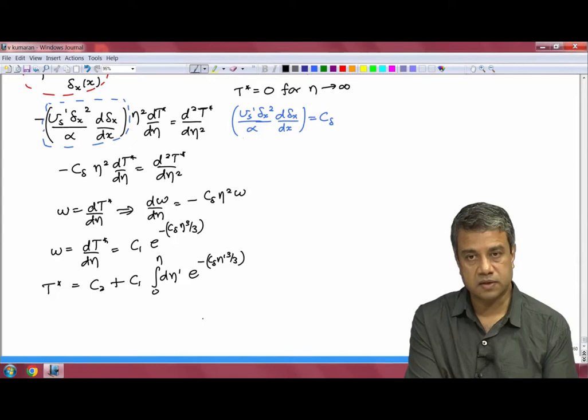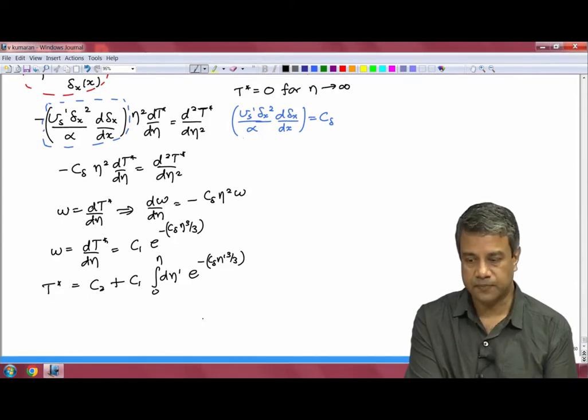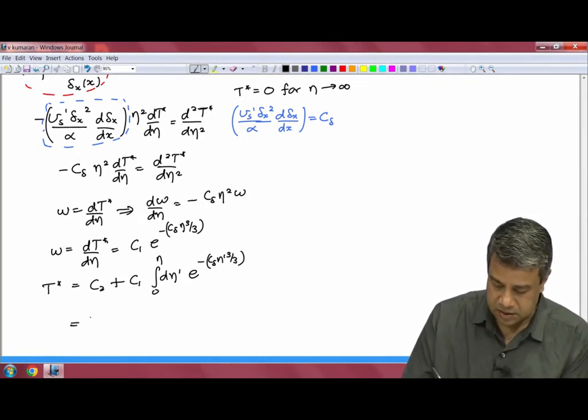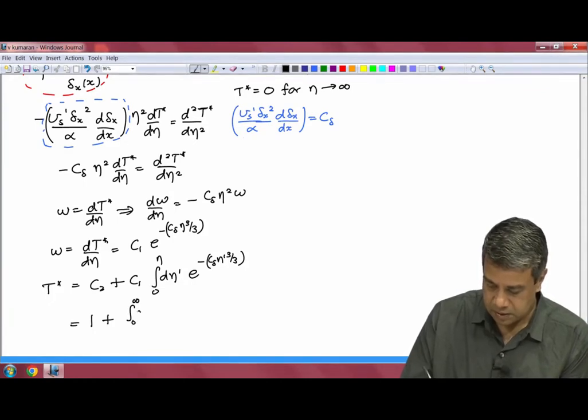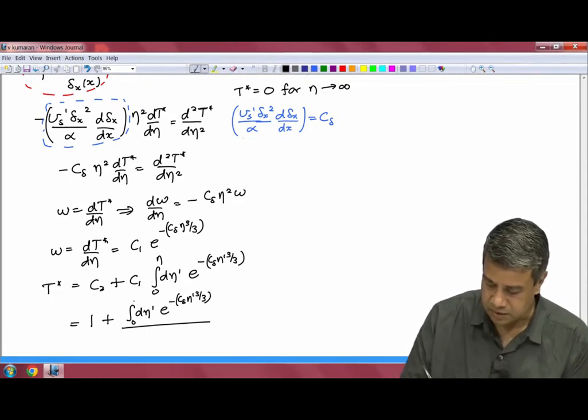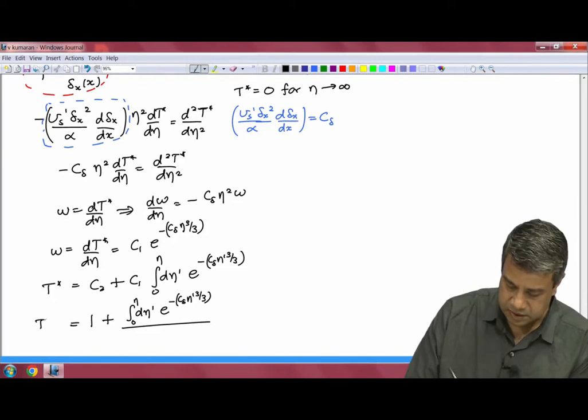T star is equal to 0 as eta goes to infinity, and T star is equal to 1 at eta equals 0. And we had done that in the last lecture and got 1 plus, in the numerator, integral 0 to eta. This is T star of eta.